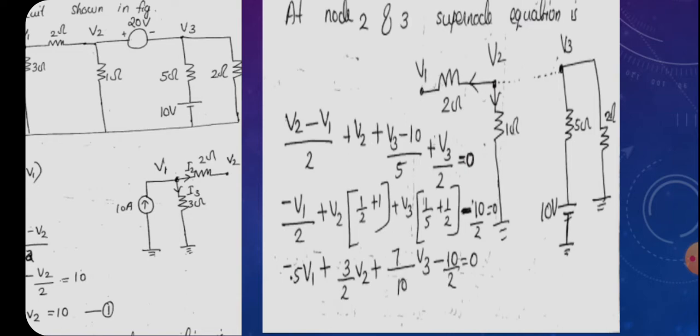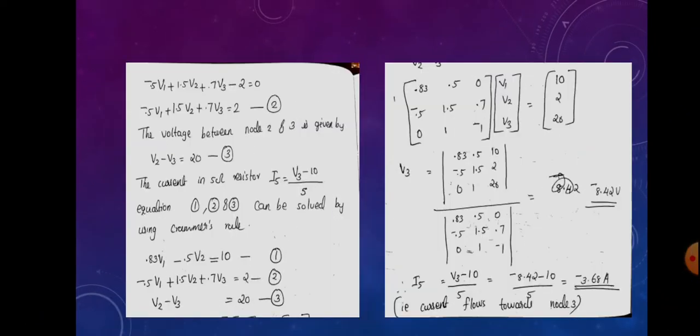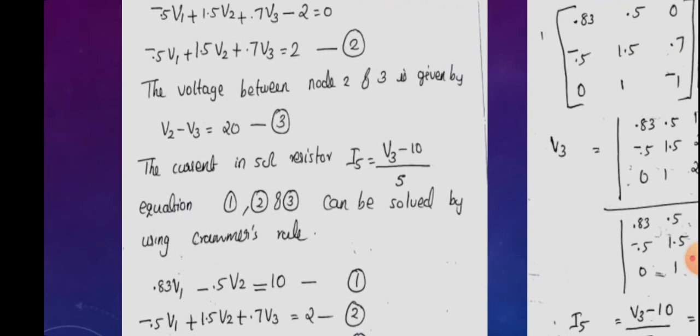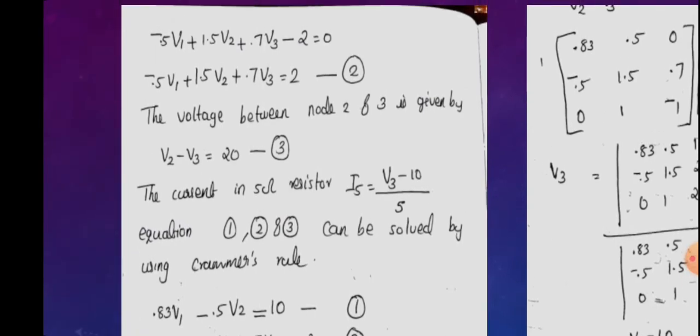By rearranging the equation we will get minus 0.5 V1 plus 3 by 2 V2 plus 7 by 10 V3 minus 10 by 2 equal to 0. So we can write minus 0.5 V1 plus 1.5 V2 plus 0.7 V3 is equal to 2. That is the second equation.